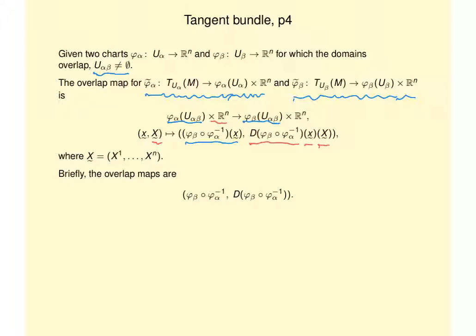And this is a good thing to check for yourself. We can think of this briefly like this. It's a bit rough. It's not, strictly speaking, completely accurate. But the first component is certainly the local diffeomorphism, the diffeomorphism overlap for the charts on M, and then the derivative matrix for them.